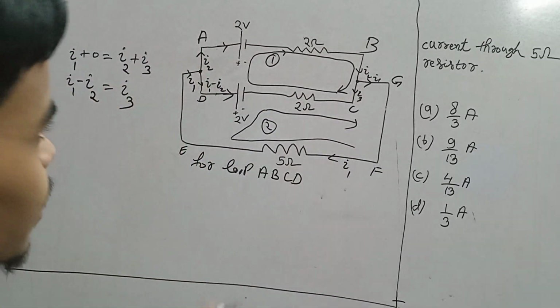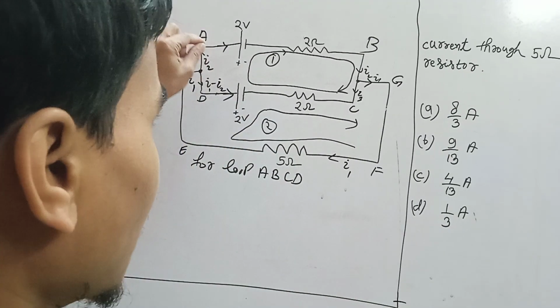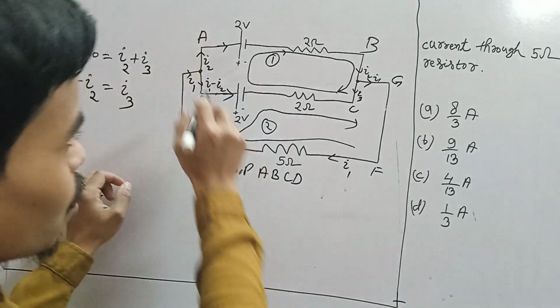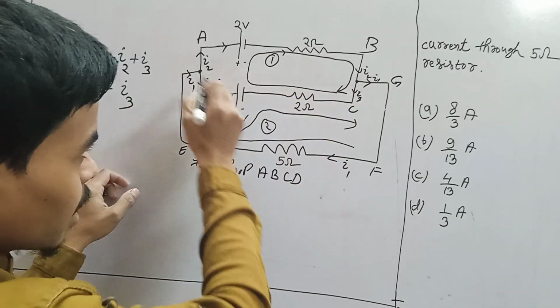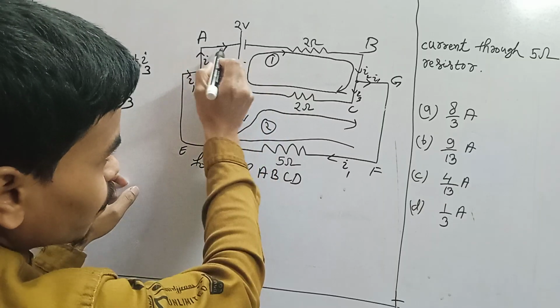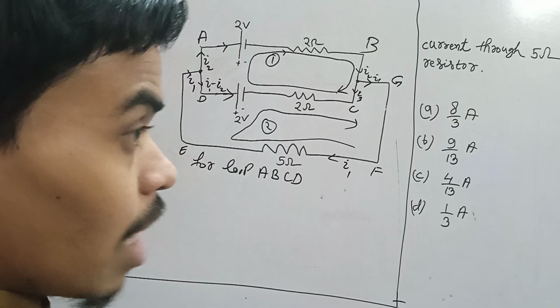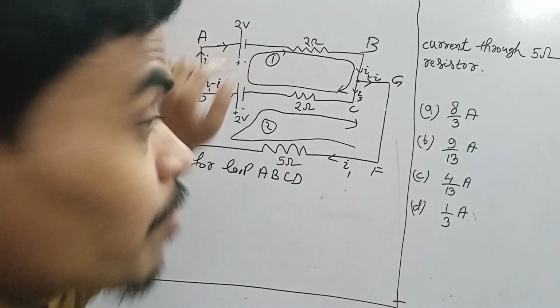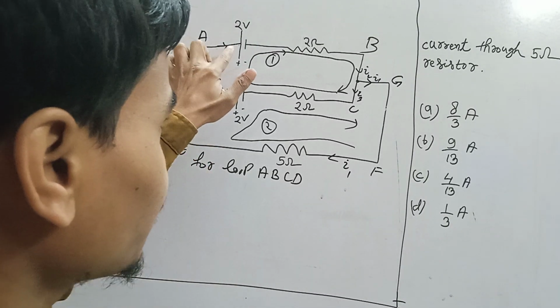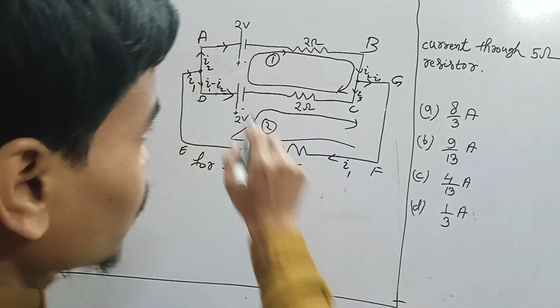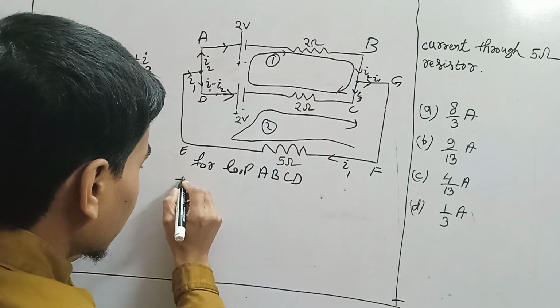We can write that this is 2 volt, and here we go in the clockwise direction. It means our direction from A is to this positive terminal. According to the rule, we are going from positive to negative, so we have to put the minus sign.